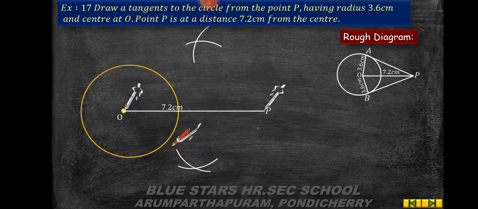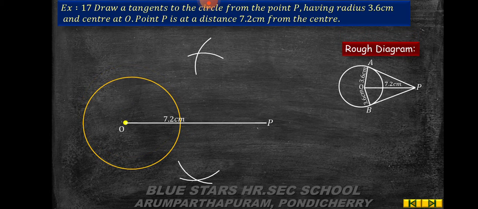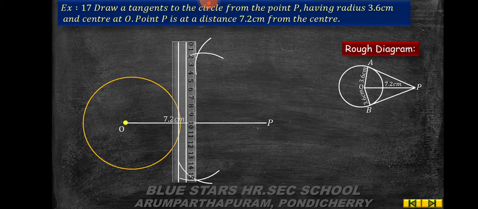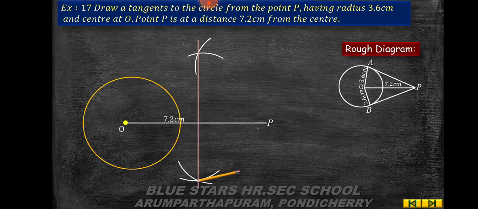So now we can see the arcs intersect each other. Then with the help of the ruler join the two arcs. Now we can get a perpendicular bisector which bisects OP at the point M.